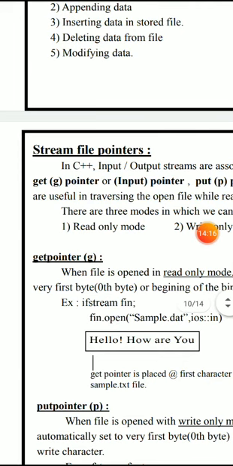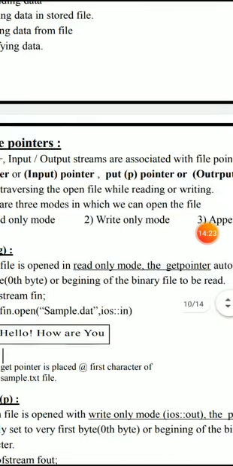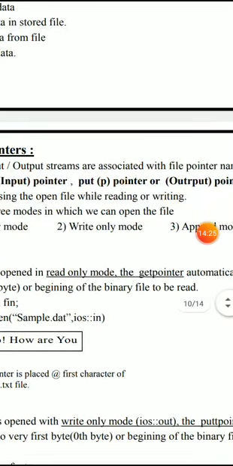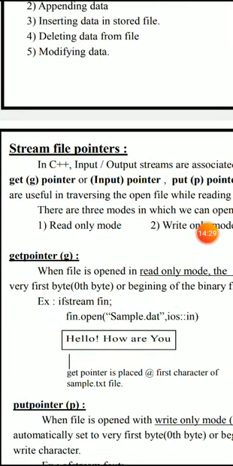The next part is stream file pointers. In C++, input and output streams are associated with file pointers. The meaning of the word stream is the flow of data, either from input devices or an input file to the program, or from the program to memory or output devices.